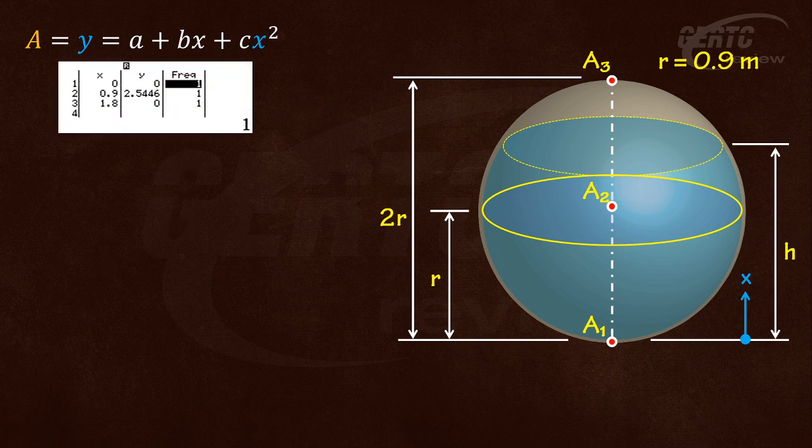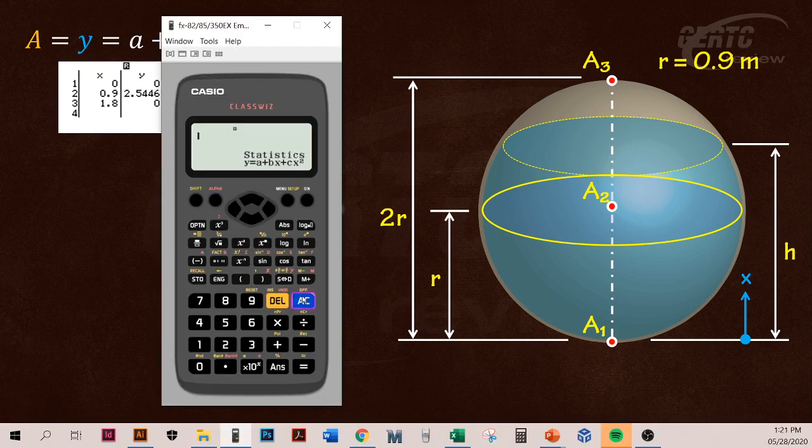For you to know how we do that, I will show you how to do it. First, of course, you have to turn on your calculator, obviously. Then select menu and then 2. Or if you're using the 570 or 991, that is mode stat. Mode and then select statistics.